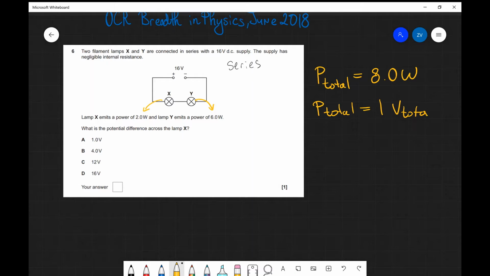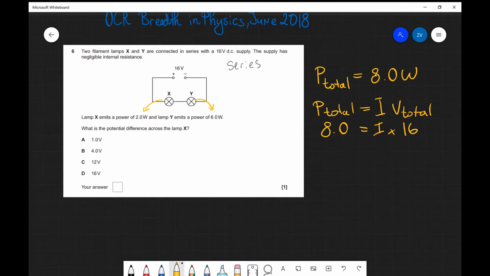I'm going to put in a little subscript there as well. The total power is 8 watts, 8.0 to be absolutely precise, equal to the current multiplied by the total potential difference across this circuit, which is 16.